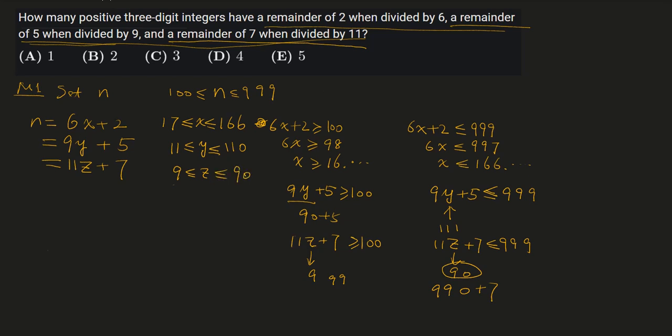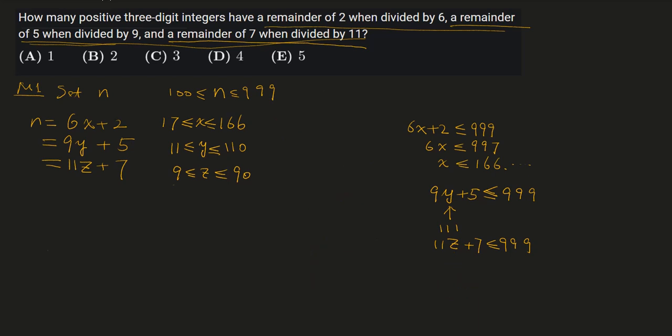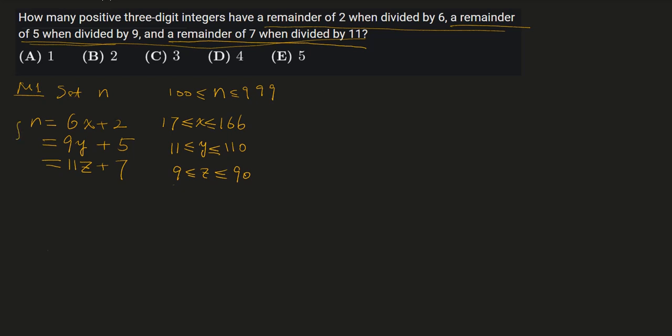Good. With these bounds in mind, we can start analyzing these equations. All right, let's clean up some space. And you may wonder, why do you want to check the bounds first? That's a very good question. The reason I check the bounds first is because of this. Look at these equations.